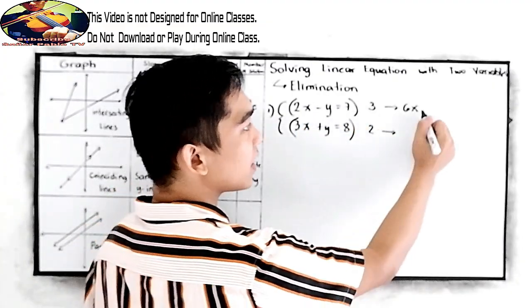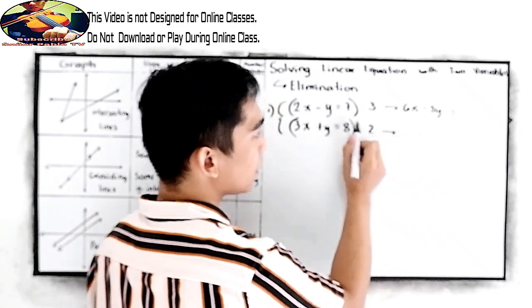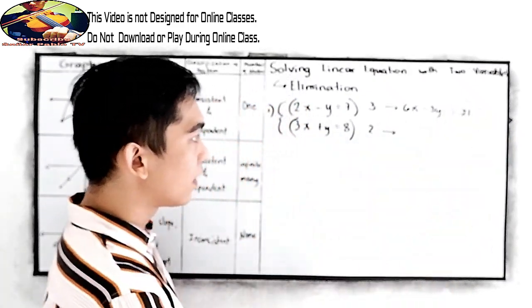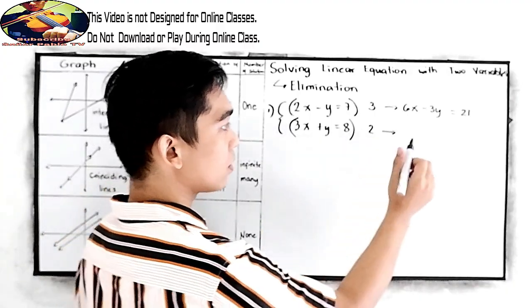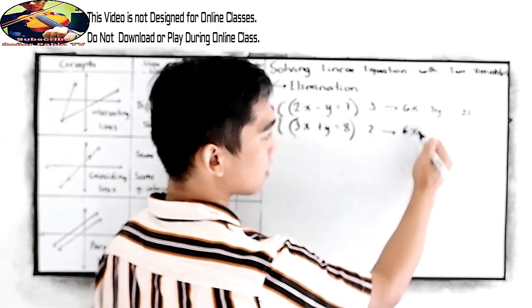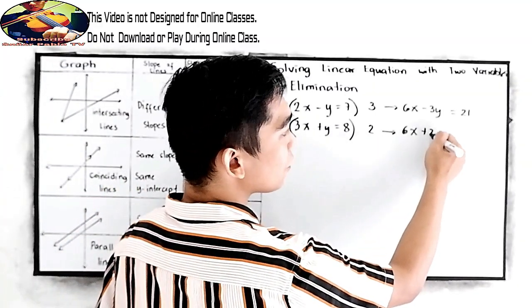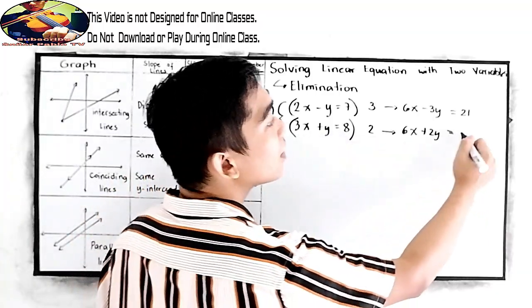Negative y times 3, negative 3y, is equal to 7 times 3, 21. Second equation, 3x times 2, that is 6x. y times 2, that is positive 2y, is equal to 2 times 8, 16.